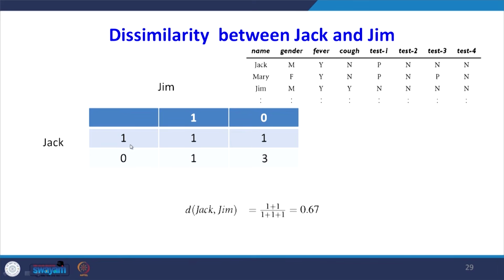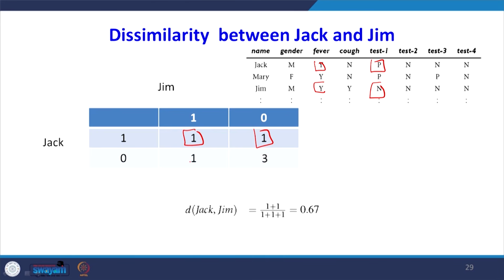Similarly, let us find the dissimilarity between Jack and Jim. Jack is taken in rows and Jim in columns. First, how we got this 1: Jack is 1 and Jim is 1, and there is only one such possibility, so it is 1. Jack is 1 and Jim is 0, that is 1.